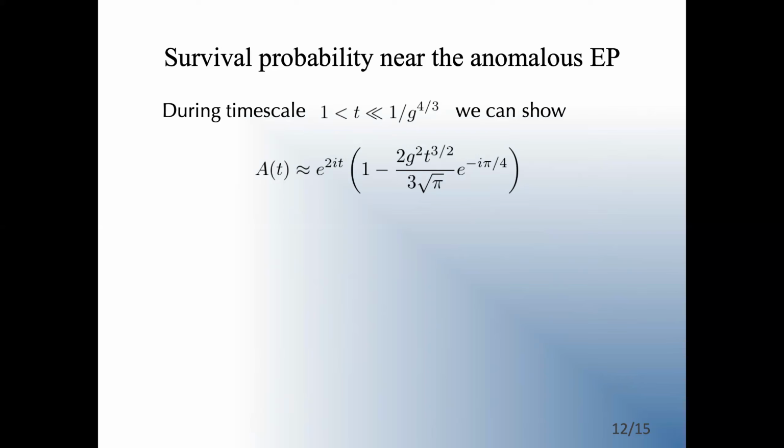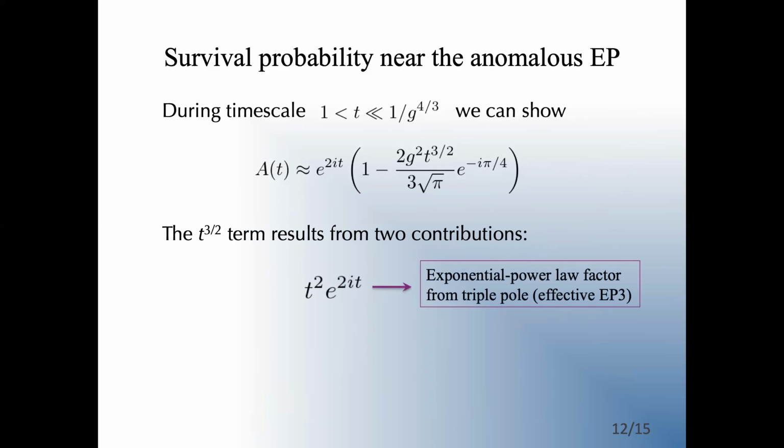term. And this term can be understood as appearing due to the combination of two factors. The first factor is just a t^2 e^(2it), which is exactly what you would expect from a triple pole appearing in the integration for the survival amplitude from the effective EP3 behavior of the anomalous exceptional point.